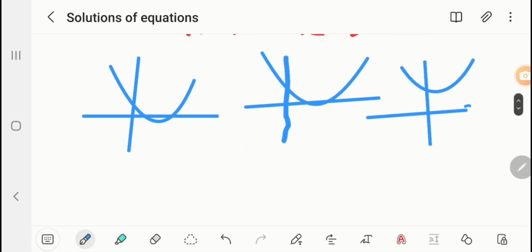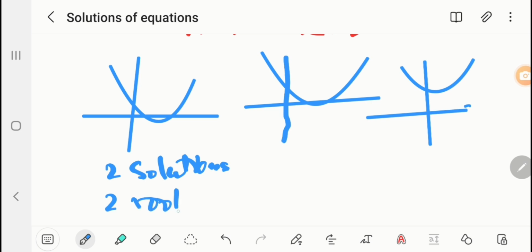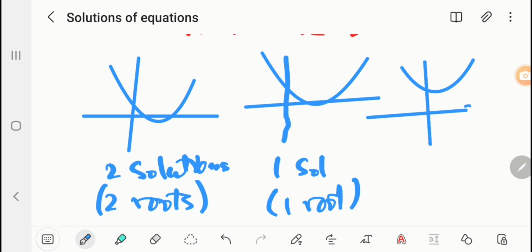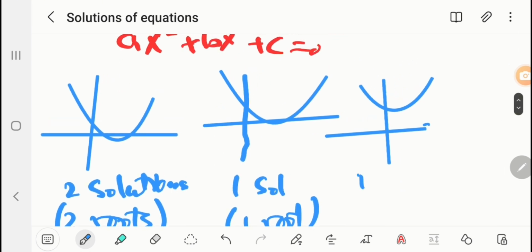So in the first case, there are two solutions. Two solutions mean two roots. The solutions are also called the roots. In this case, one solution means one root, and in the last case, no solution means no root.